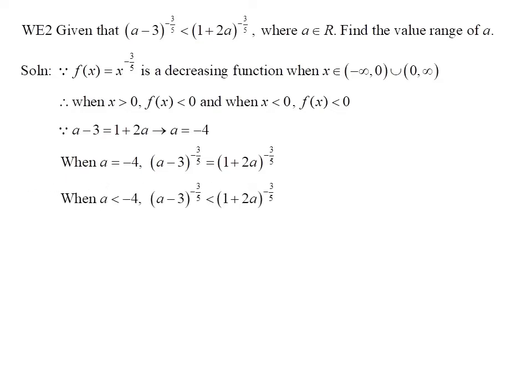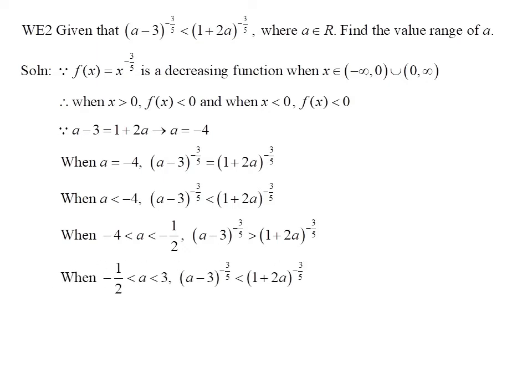When a is less than -4, obviously the left hand side is less than the right hand side, which is what we want. When a is between -4 and -half, the left hand side is greater than the right hand side. When a is between -half and 3, the left hand side is less than the right hand side.